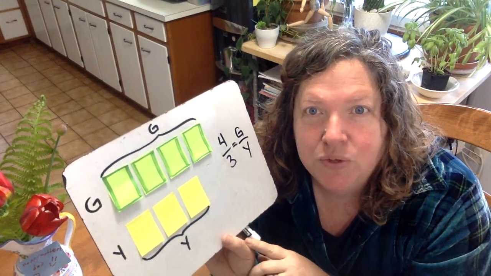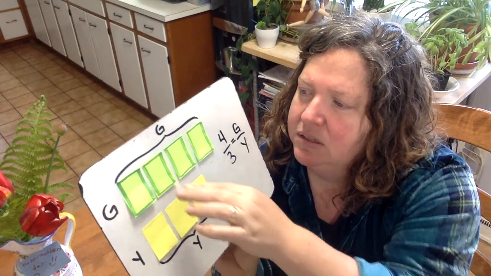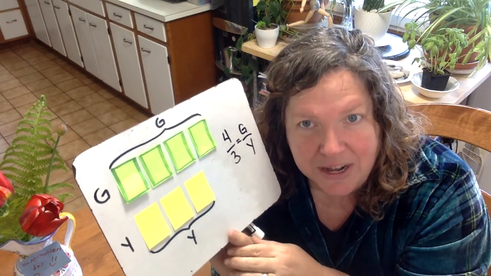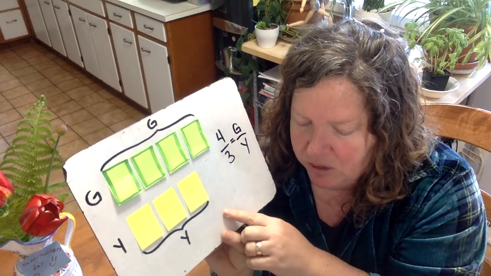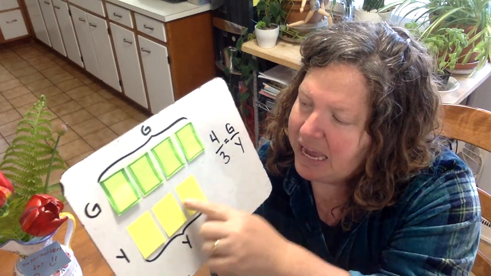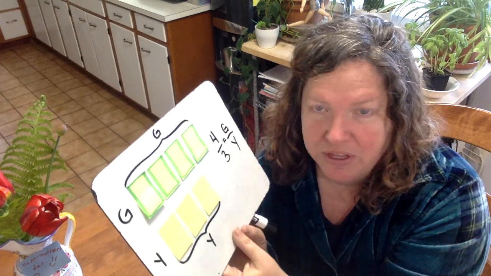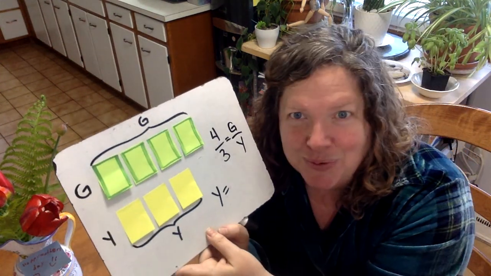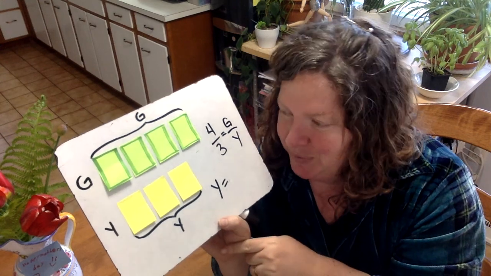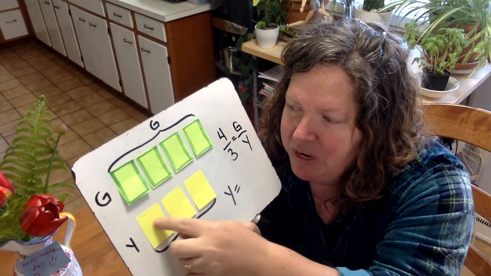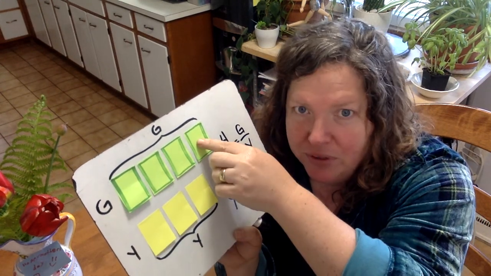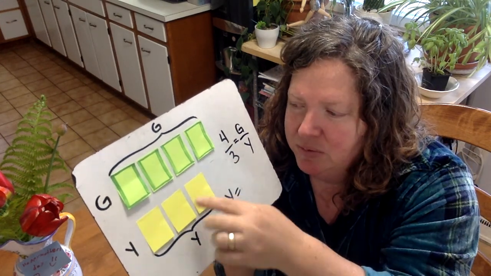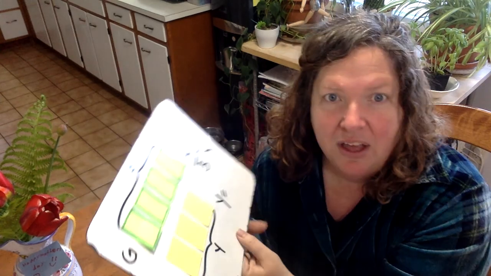Now, if we wanted to relate these quantities to each other in another way, again, using letters, we could talk about that Y, all the yellow, Y is equal to 3/4 of G. G has 4 parts, Y has 3, so it's 3/4 of G.